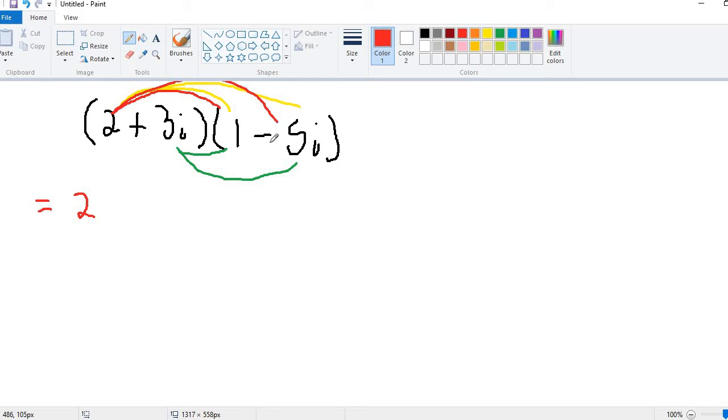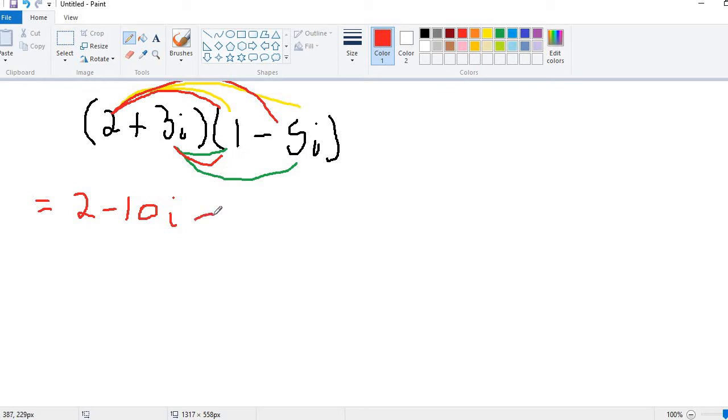And then positive 2 times negative 5i. Remember, our rule says when you multiply a positive with a negative, you get what? A negative answer. So 2 times 5i, you're gonna get a negative 10i. I think I made a mistake there. Let's see. No, I didn't make a mistake. And then positive 3i times 1.